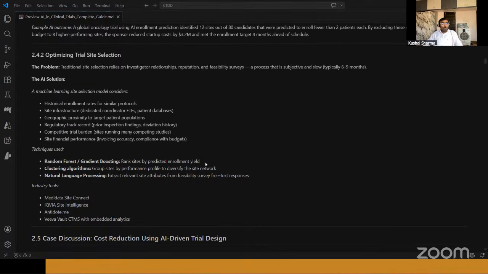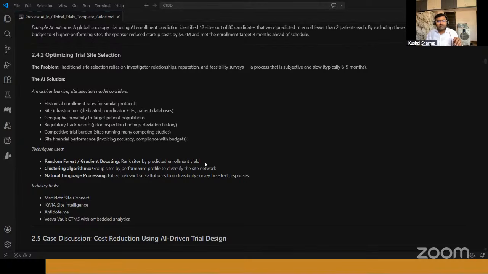The second part is optimizing trial site selection. The problem statement is traditional site selection relies on investigator relationships, reputation, and feasibility surveys, a process that is subjective and slow. Typically, it takes 6 to 9 months.